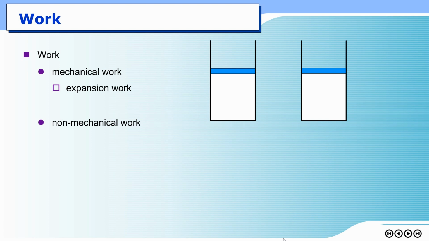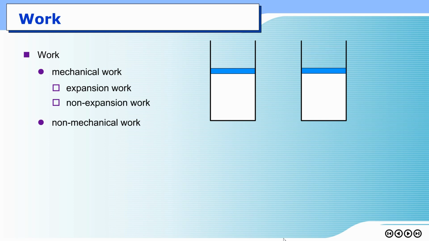For instance, if I have a piston cylinder assembly, like in this picture, and I heat up the gas inside, the system would expand. This causes work, and this work is called expansion work. If you put this piston cylinder assembly underneath your car, you can lift up your car simply from this expansion work.